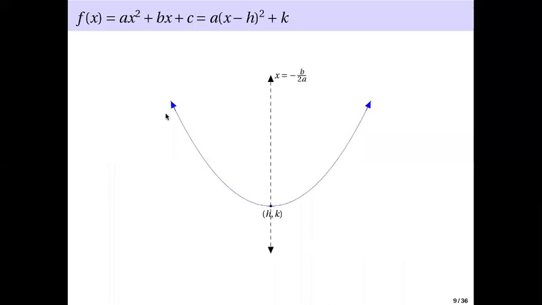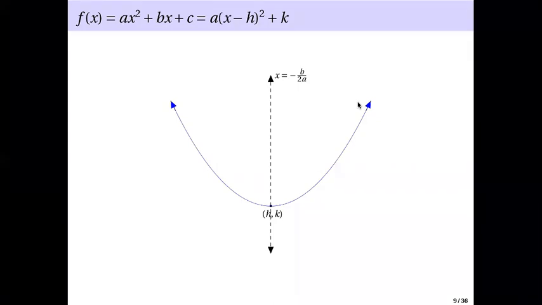So this is a graph of some parabola with the equation f of x equals ax squared plus bx plus c, which can also be written as a times (x minus h) squared plus k. We assume that here a is positive because this is opening upwards.